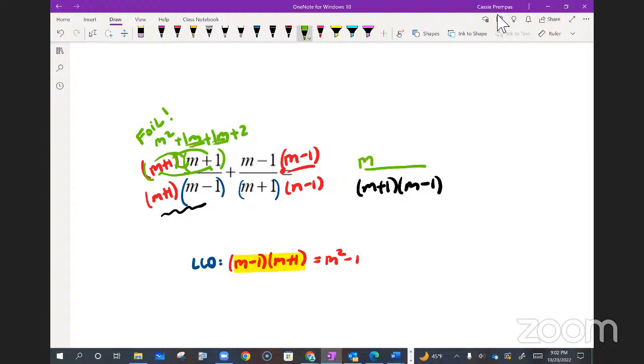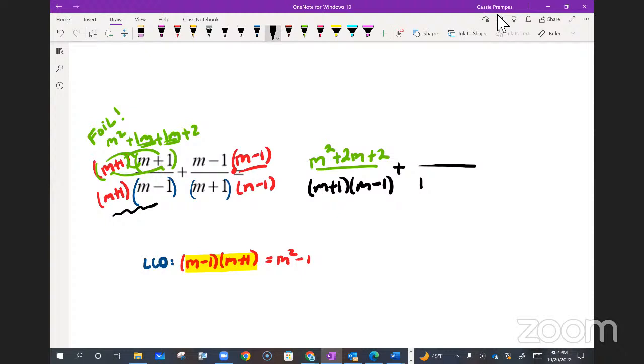So I have m squared plus 2m plus 2. And now I'm adding the fraction next to it, which has a common denominator of m plus 1, m minus 1. But now we need to do the same thing, and we need to FOIL this numerator.